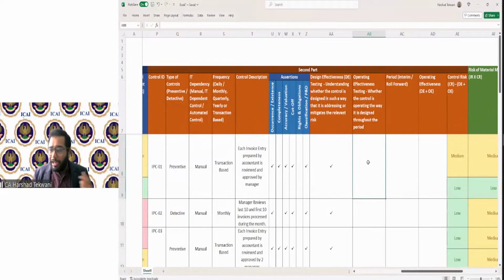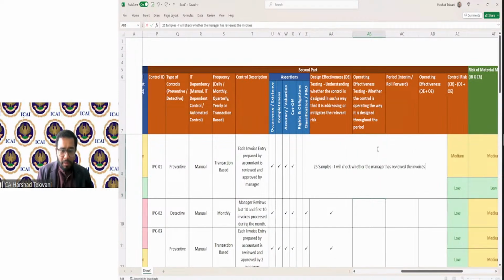So for testing operating effectiveness, I may pick up 25 samples and see whether in those samples the manager has reviewed the invoice or not.